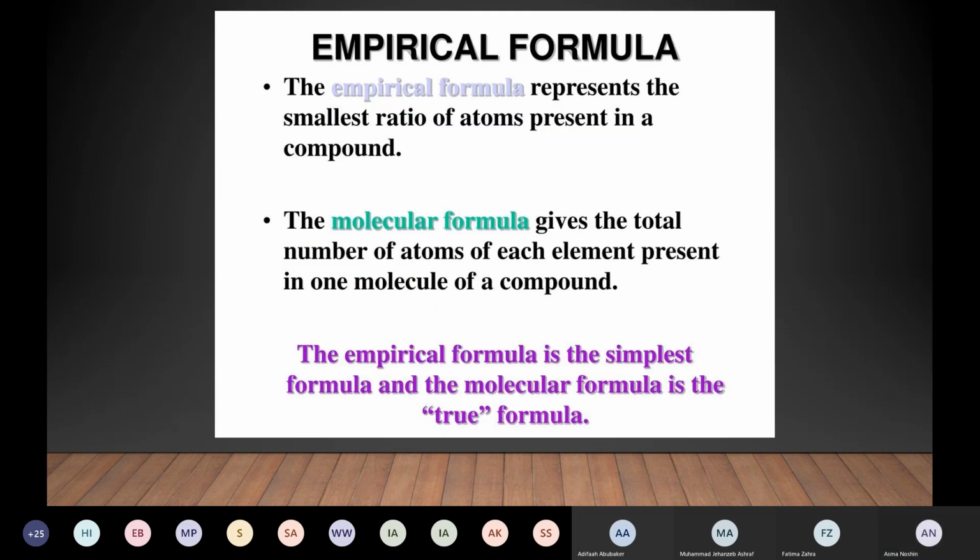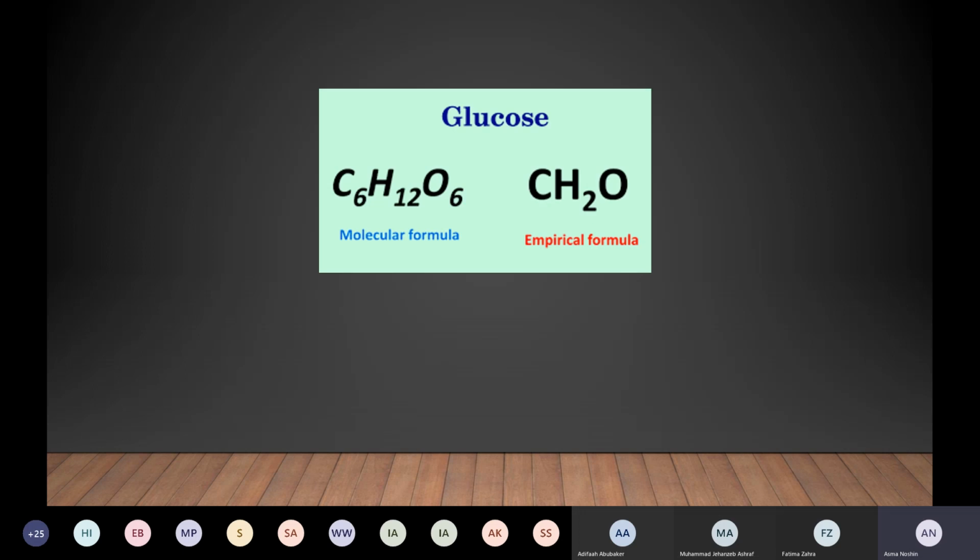Okay. Here, you can see two formulas are written. At the bottom, with one, the empirical formula is written, and with the other one, the molecular formula is written. So from these formulas, what is your observation? Okay, simplest ratio. What else?